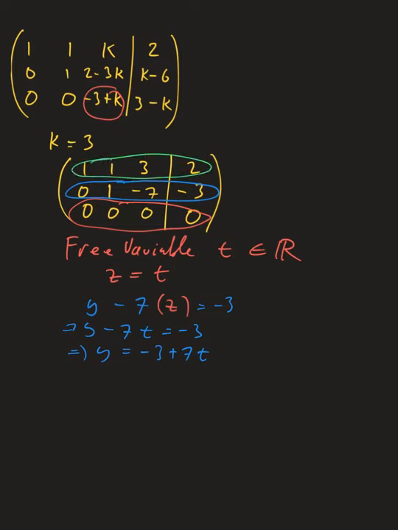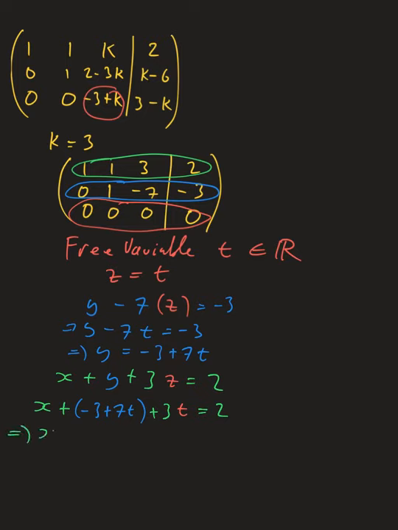So I can take that now and go back to the first line. That first line says that x plus y plus 3 times z is equal to 2. So I can substitute in my values for y and z, and I get x plus minus 3 plus 7t plus 3 times t is equal to 2.